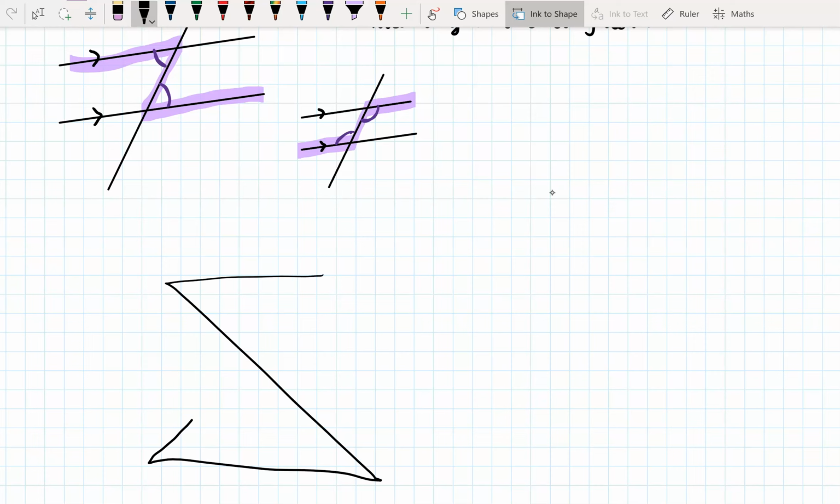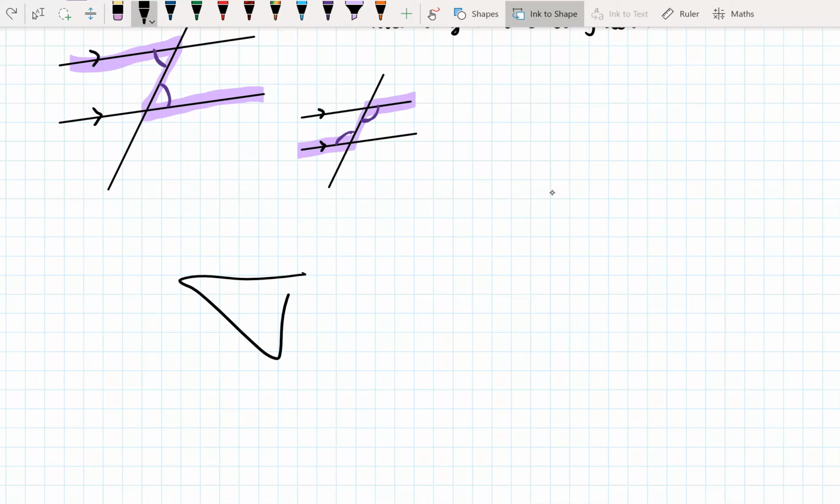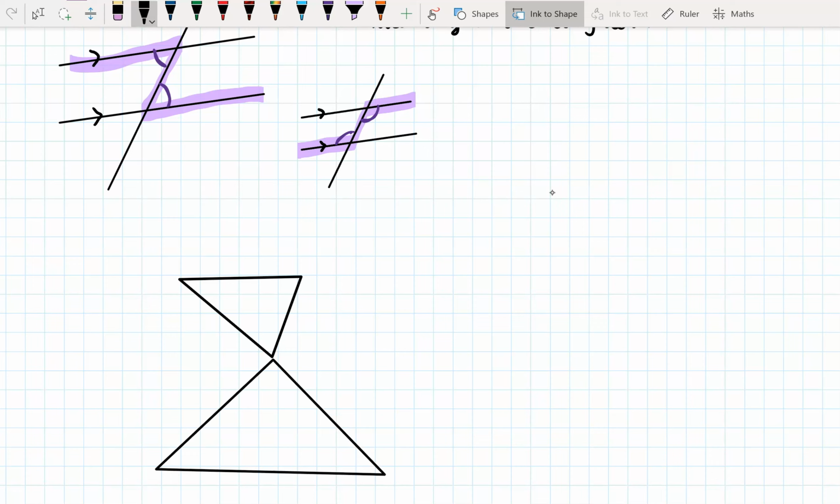So I'm going to see if I can draw it like this. Does it work? No. Okay. So we have this triangle, and then we have this triangle. Let's pretend that I drew that properly. Clearly I didn't. I can't rotate it. Anyway, let's pretend that I drew this properly.